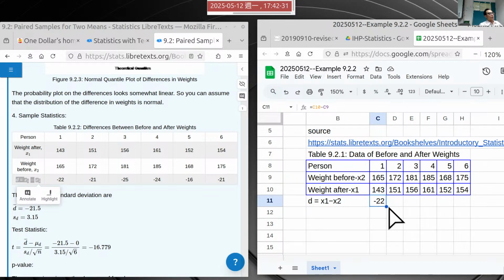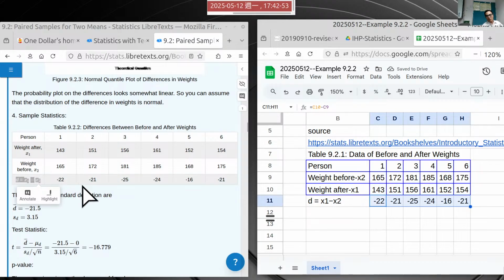There is a small round symbol on the bottom right corner. When we move our mouse close to it, it becomes a cross, and hold the mouse key. Don't release it until here. Okay, we got similar data here.